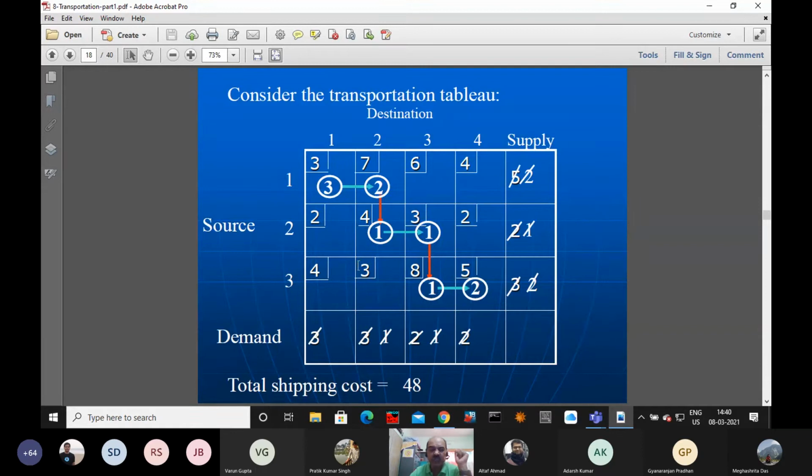Now cell 2,3 is presently the northwest corner cell. With respect to this cell, the minimum value is 1 and out of 2 it is also 1. So you can allocate only 1 unit.